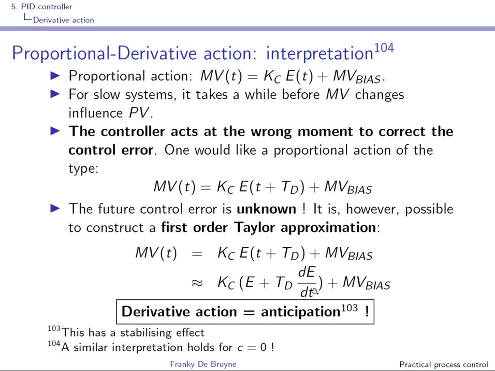And you can see now that we have a proportional derivative action. So the derivative action can be seen as an anticipation. It allows you to estimate the error in the future and take into account that you have a slow, between quotes, system, and that if you use a simple proportional action, it would act at the wrong moment to correct the control error.